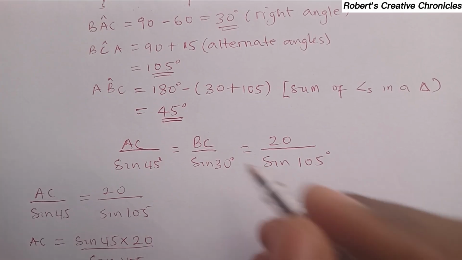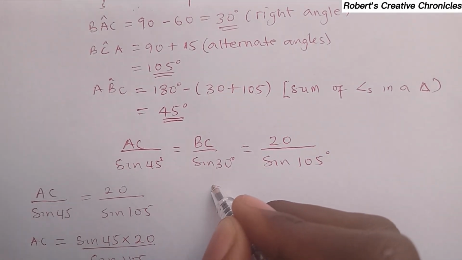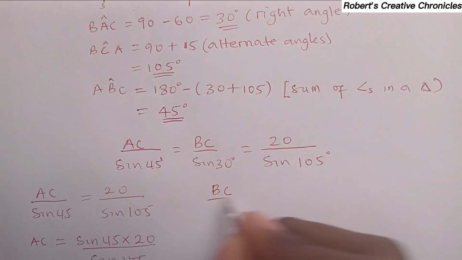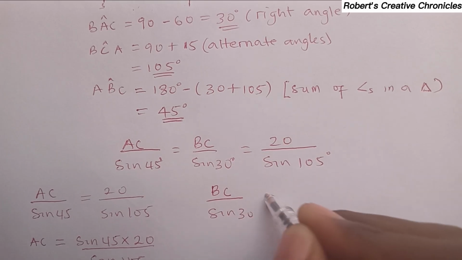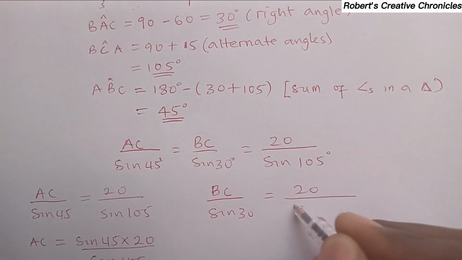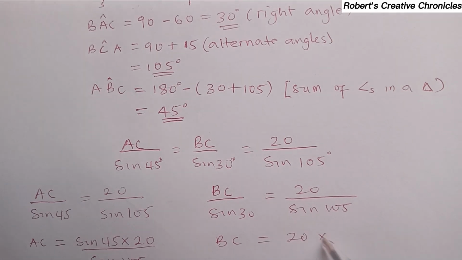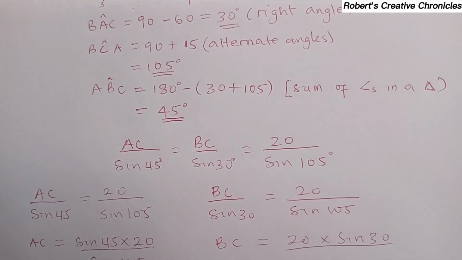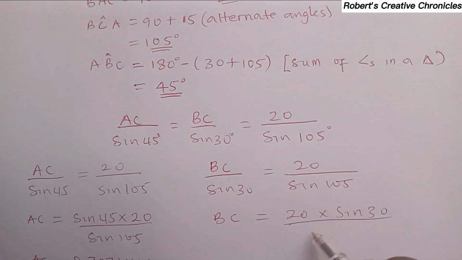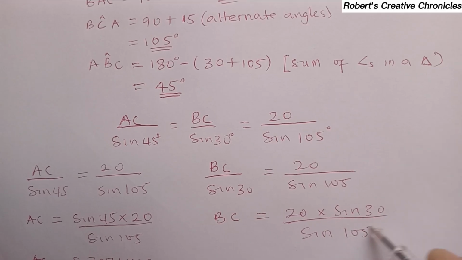And this second one, we say BC over sine 30 equals 20 over sine 105. Then BC is what? 20 times sine 30 over sine 105.